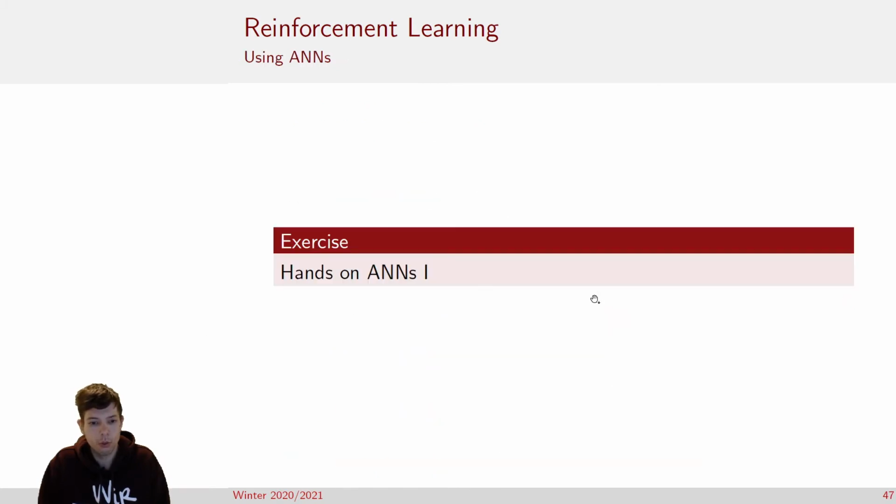Okay, then what we have is some hands-on artificial neural networks exercises. Some of them are pen and paper. Some of them work with code that I uploaded to the LearnWeb. I think it's called Neural Networks DynOp, that contains lots of functions to work with neural networks.